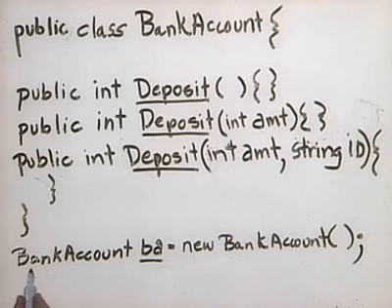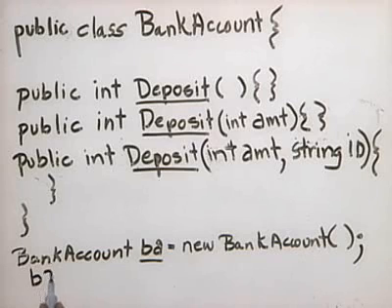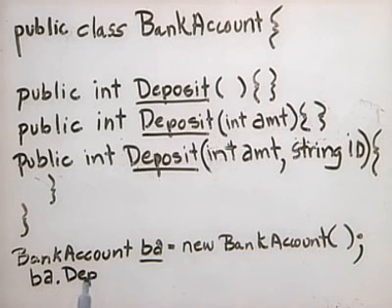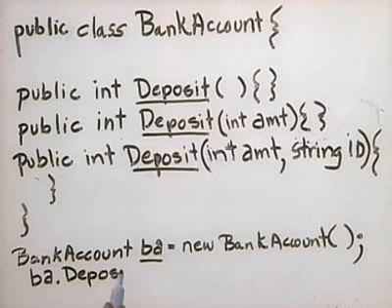Now what I can do is I can take that variable and I can call the deposit method. Now which deposit method I'm actually calling depends on my own signature.